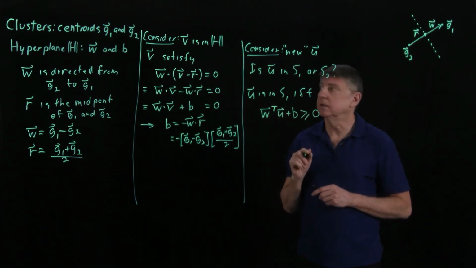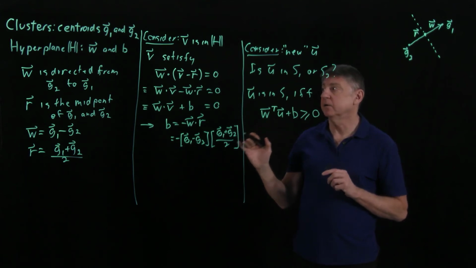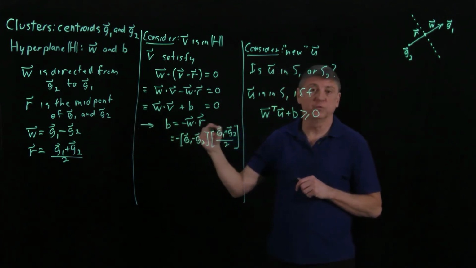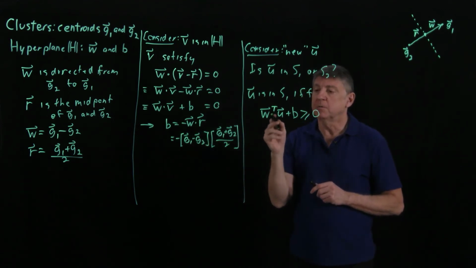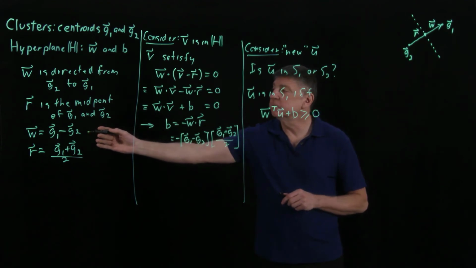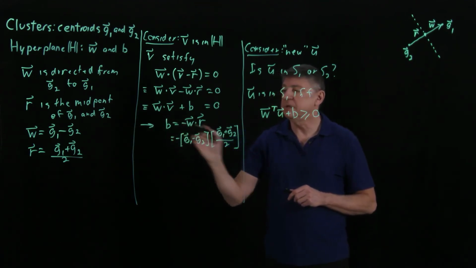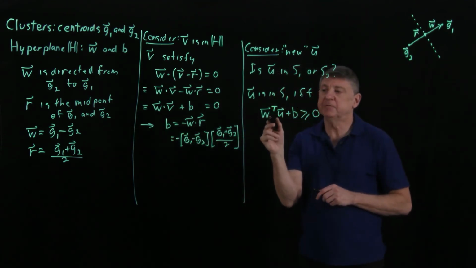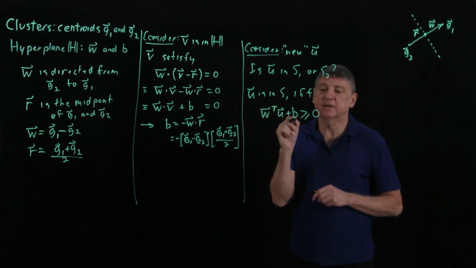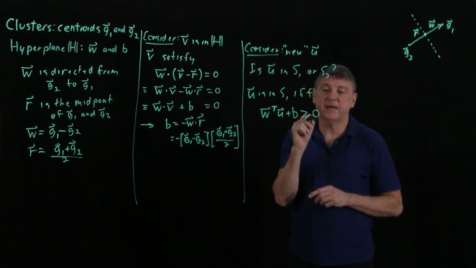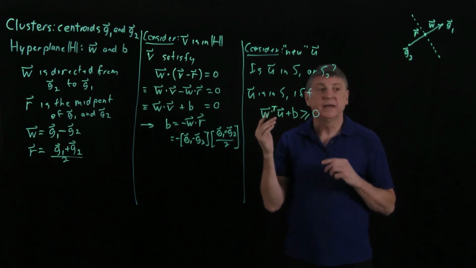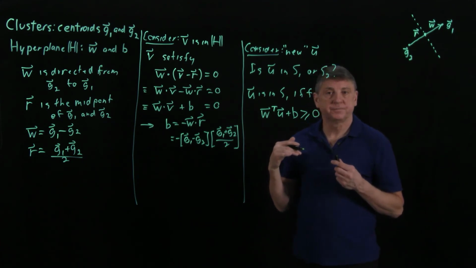Well, no, it doesn't. If it really mattered, we could have defined w as G1 minus G2 over the norm of G1 minus G2. But for the purposes of doing these computations, it's faster to simply find w and find b once, and then afterwards it's an inner product and add a scalar and then compare that to 0 to determine whether to classify u as being in set 1 or set 2.